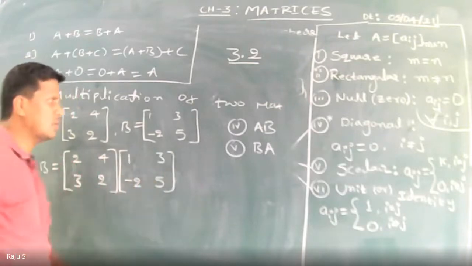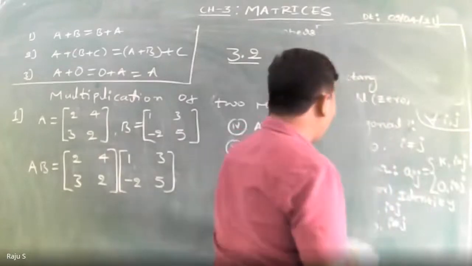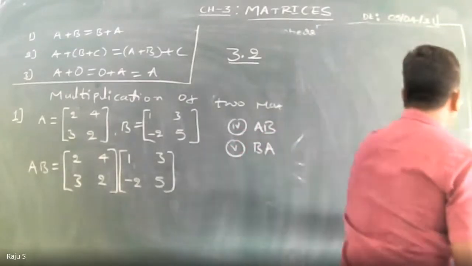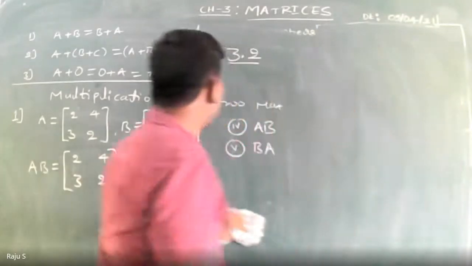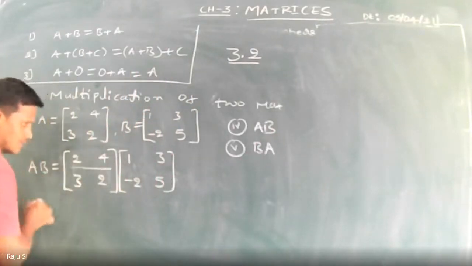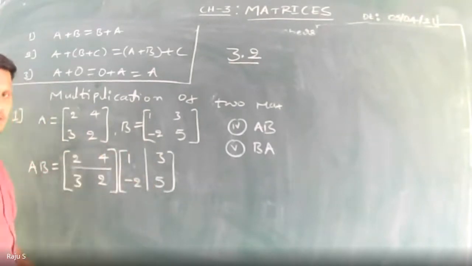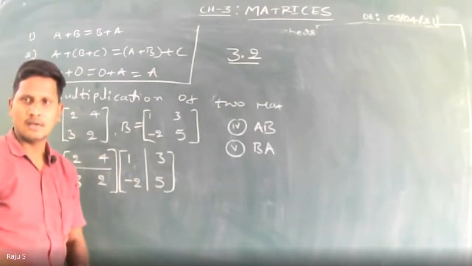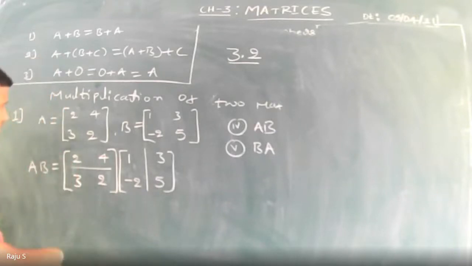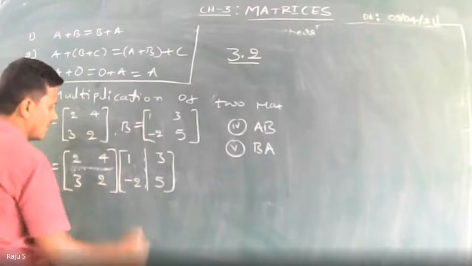Whenever you want to find the matrix multiplication, in the first matrix, here capital A, you have to draw a horizontal line like this. And in the second matrix, you draw a vertical line, or simply a dot. It is better.